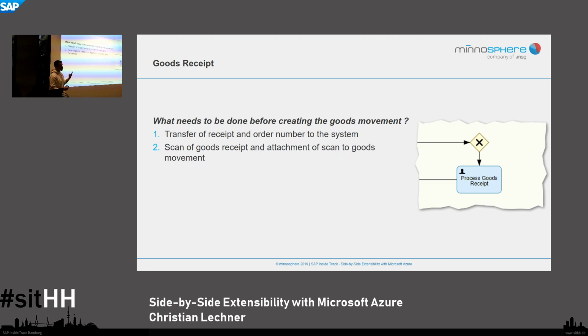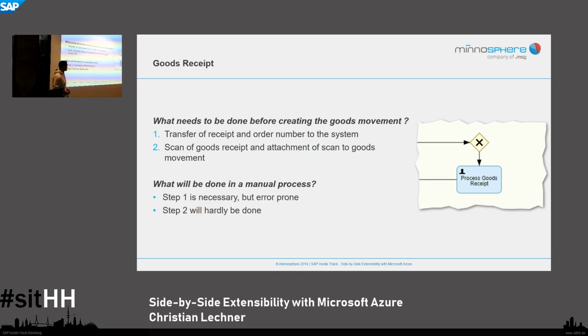And now the guy who gets the stuff has two jobs. He has to transfer the receipt, find the purchase order, look up the order number, and transfer the goods movement. And in a perfect world, that's how companies wish to do it, he should scan the goods receipt and attach it to the goods movement. What happens? Well, step one is necessary, he has to do it, but it's error prone.